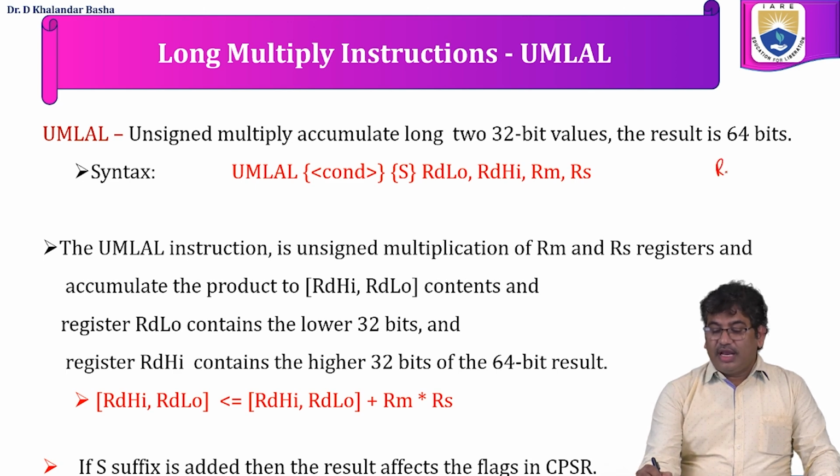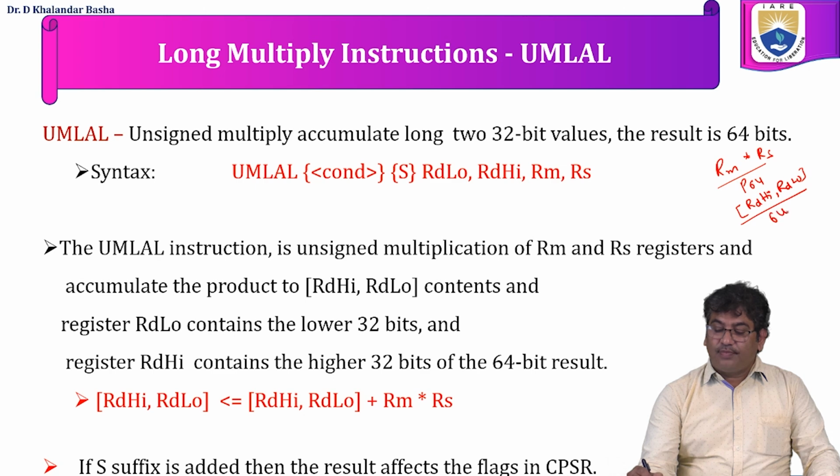So here the contents of RM, which is 32-bit size, are multiplied with the RS register contents, which is 32-bit size. The result which is produced, that is the product, which is 64-bit, will be added to the previous results which exist in RDHI, RDLO, and the result obtained after accumulating the 64-bit results will again be moved into the RDHI, RDLO register pair.